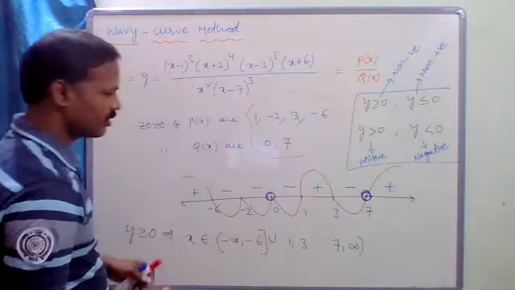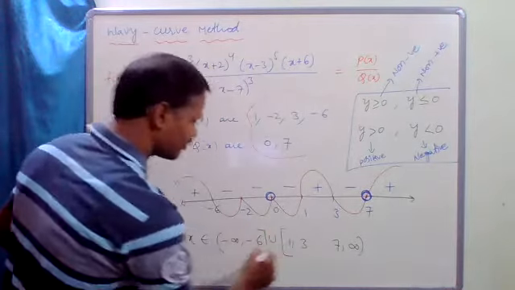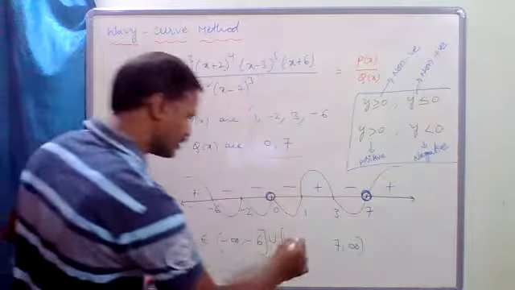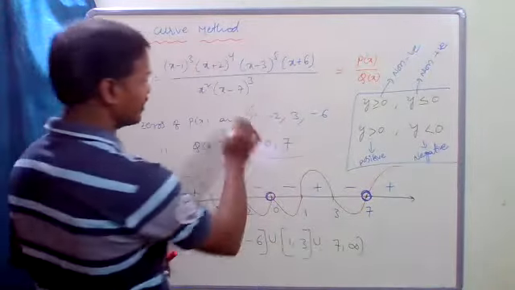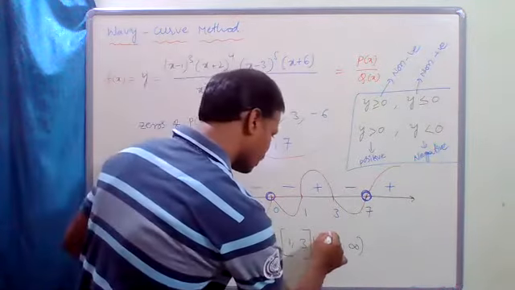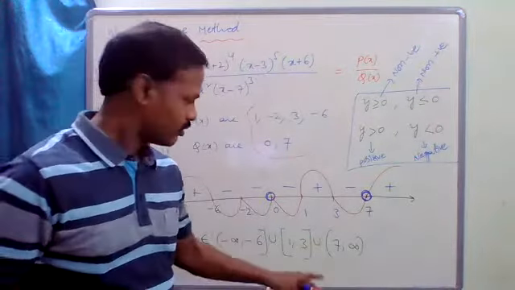Union. Now 1. Where is 1? 1 is in the numerator, so use closed interval. Where is 3? 3 is in the numerator, so use closed interval. Union. Where is 7? 7 is in the denominator, so you have to use open. You should not use closed interval.